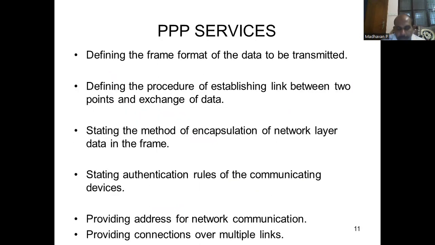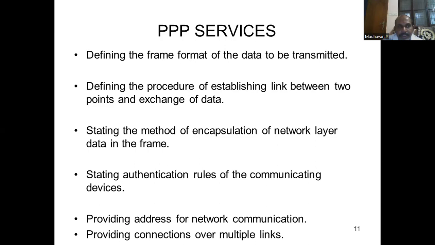So some of the important services of PPP are just the rules, the standards and procedures to be followed. So they are set up with different kinds of rules and policies.